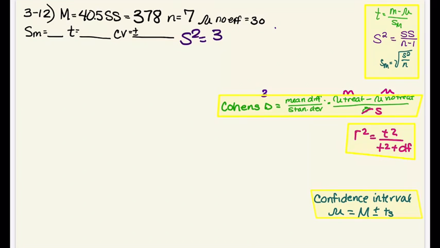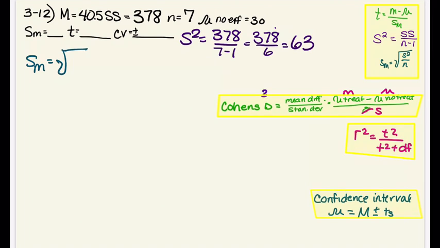The next question asks for the estimated standard error, the t-value, and the critical value for t, given the sum of squared deviations, a sample mean, and a number in the sample. We use the sample variance equation to determine the standard error, and from that, we'll get a value of 3.